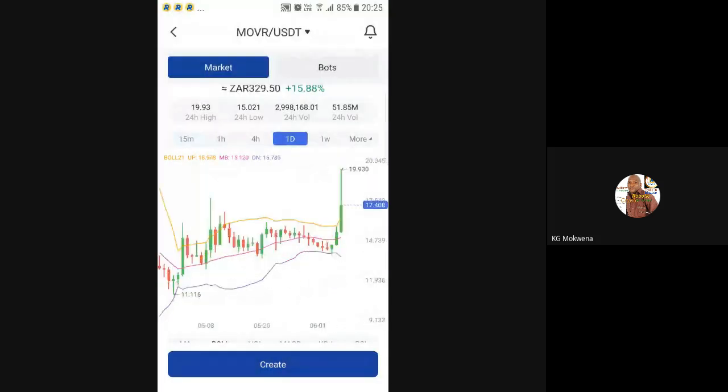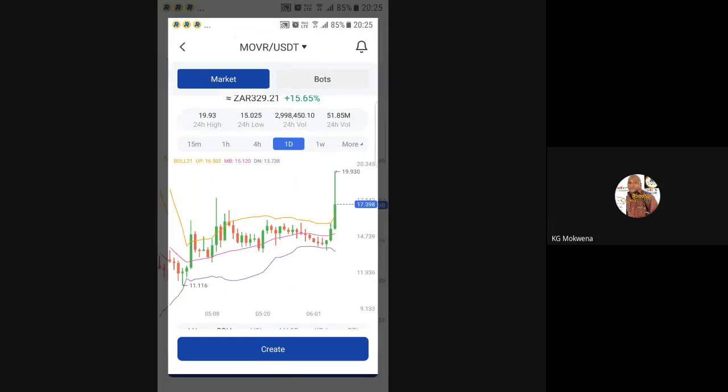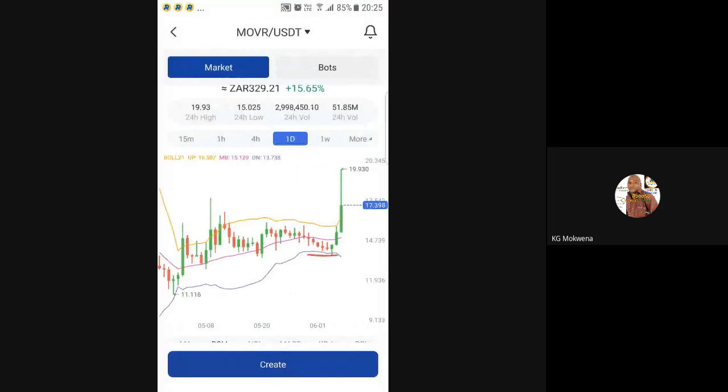And then daily time interval also shows us there's been a lot of pumping today. This market has really been doing well. Imagine 2 days ago, look at where the price was, below $14. Look here. If you're to check here, it's around $13 or so.